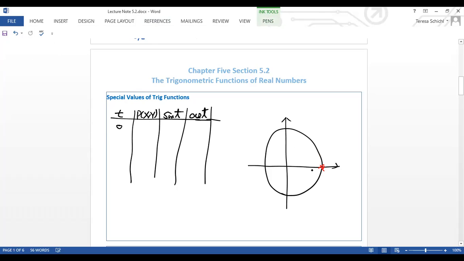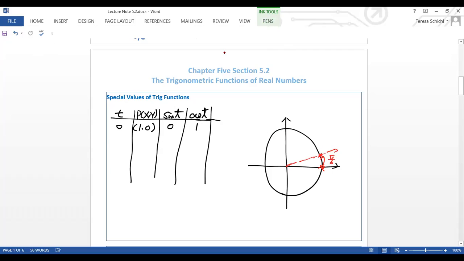Okay, so the first point is 0. What is my terminal point here? It's 1, 0, right? So my sine t will be 0, cosine t will be 1 here. And then my next point, I'm going to travel a distance of pi over 6.